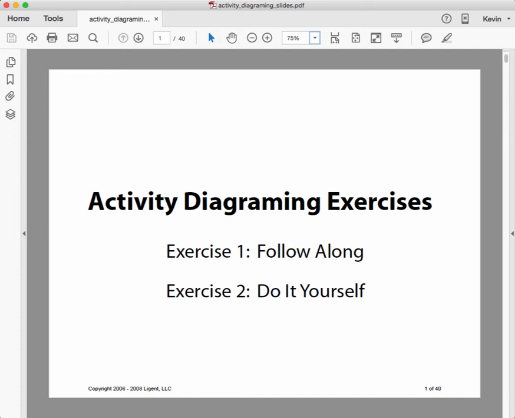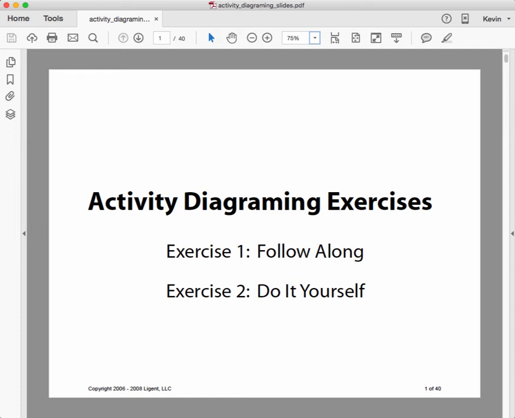So I have created activity diagramming exercises here, and what I'm going to do is walk through them and have you follow along. If you want to do these yourself, I have a point where I pause, and you can stop there before the spoiler.